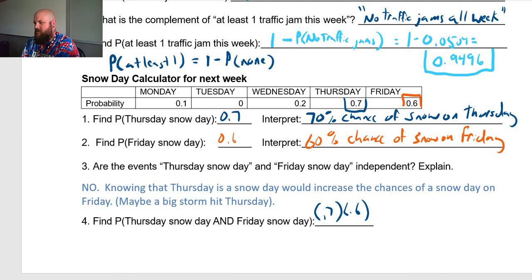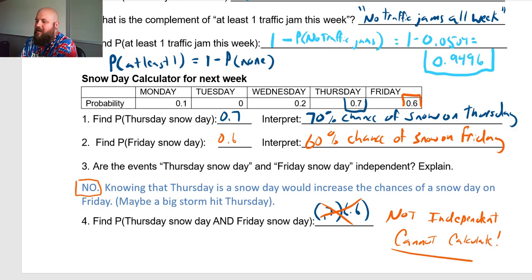We should be able to. It's our rule? No. The reason we can't do that is we just answered it. We just said that they are not independent. They're dependent upon one another. So you cannot calculate it. They're not independent, okay?